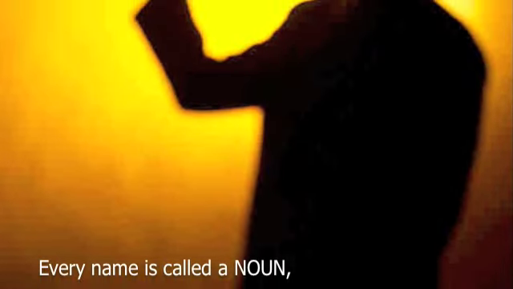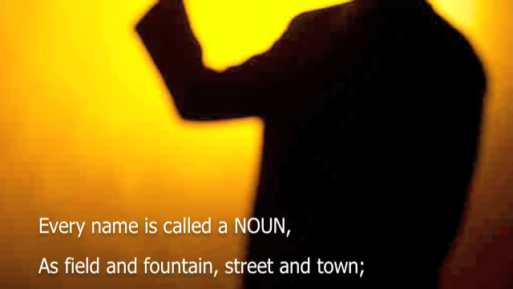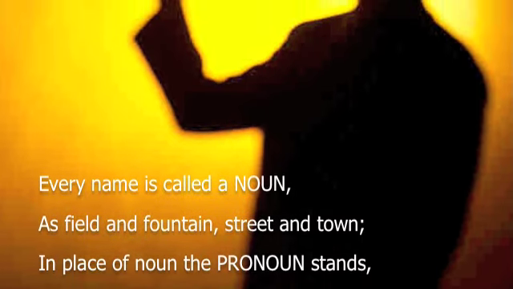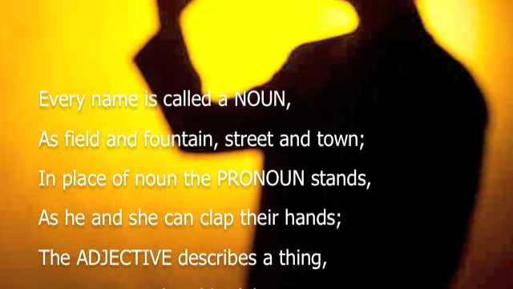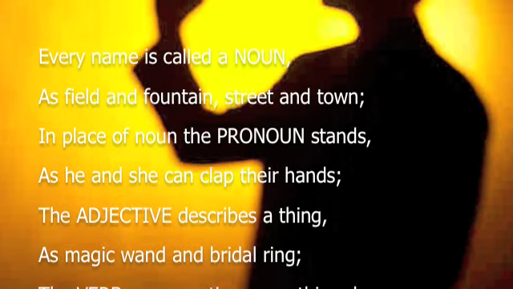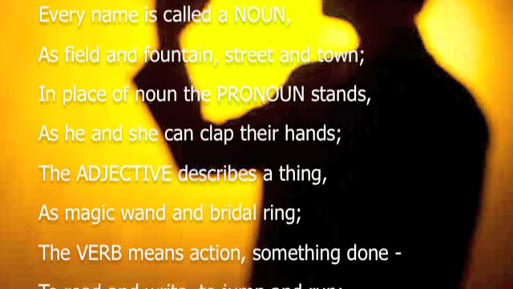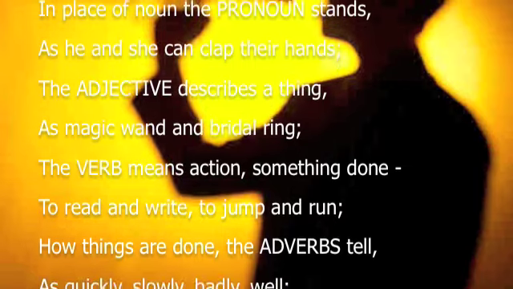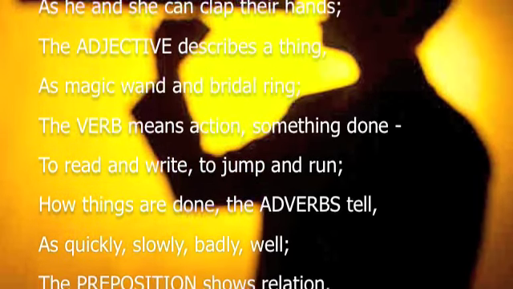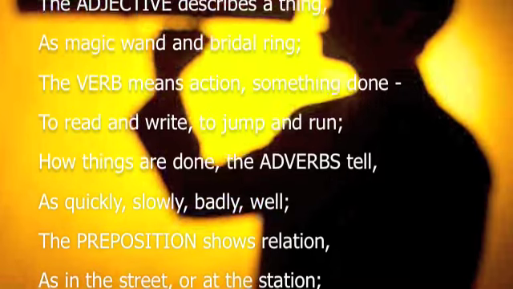Here's a poem to help you remember. Every name is called a noun, as field and fountain, street and town. In place of noun, the pronoun stands, as he and she can clap their hands. The adjective describes a thing, as magic wand and bridle ring. The verb means action, something done, to read and write, to jump and run.